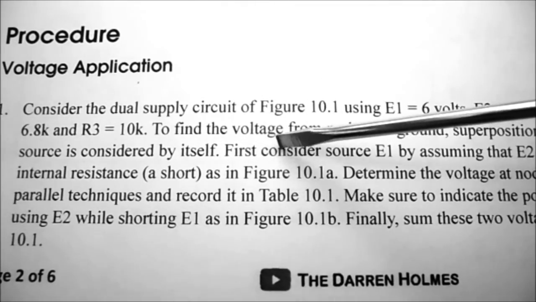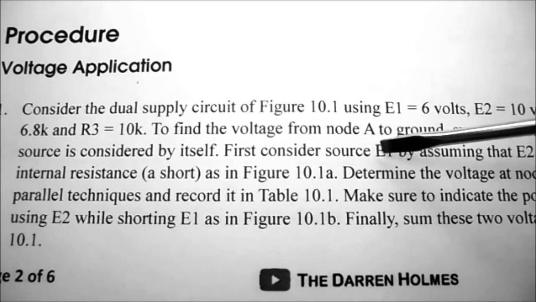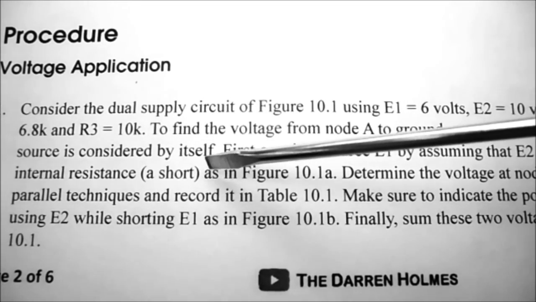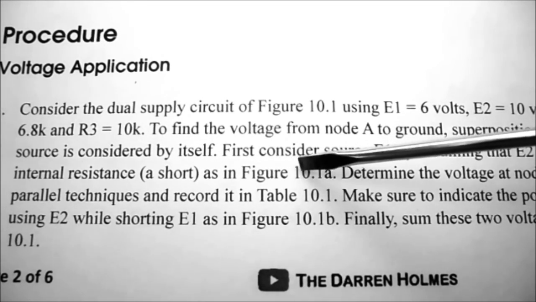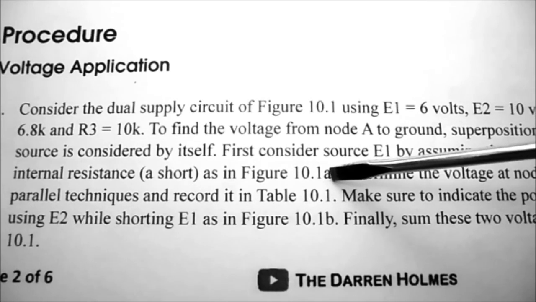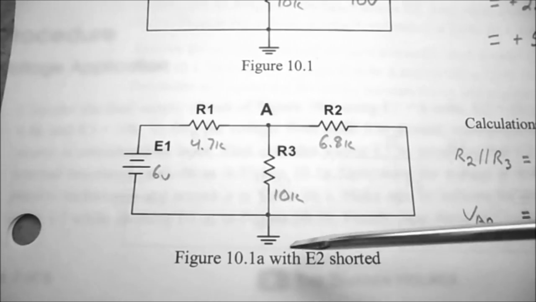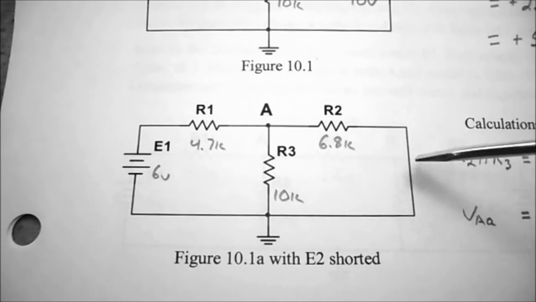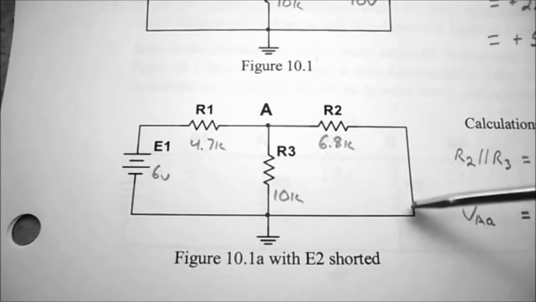It says to first consider source E1 by assuming that E2 is replaced with its internal resistance, which is a short, as shown in figure 10.1a. In figure 10.1a, I've redrawn my schematic with E2 shorted out.